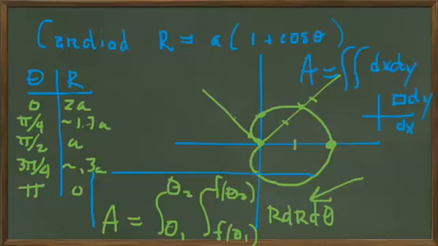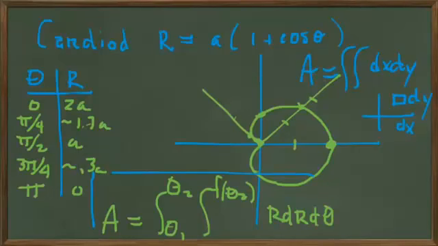So let's use this area formula right here to find the area of this cardioid. Oh, I should say one more thing. What about limits of integration? So when we're first integrating dr, the bottom limit of integration here is going to be how far we are initially out from the origin on the curve.